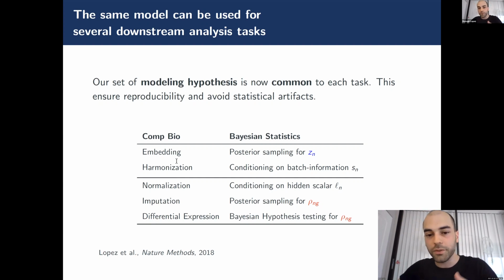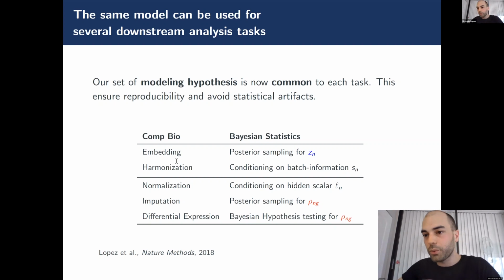Yes, we can do this because for a given cell, we can sample from the posterior distribution or get the mean of Z. I talked about harmonization. So we removed indeed those dataset-specific biases because we condition on this batch information. We wanted to normalize, so we did normalize because we condition on L, and we also have this softmax trick at the end of the neural net.